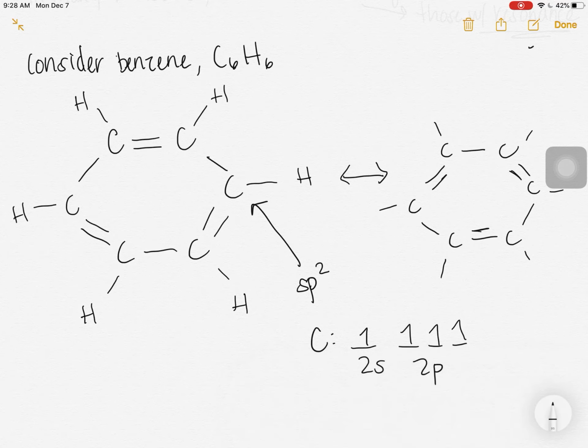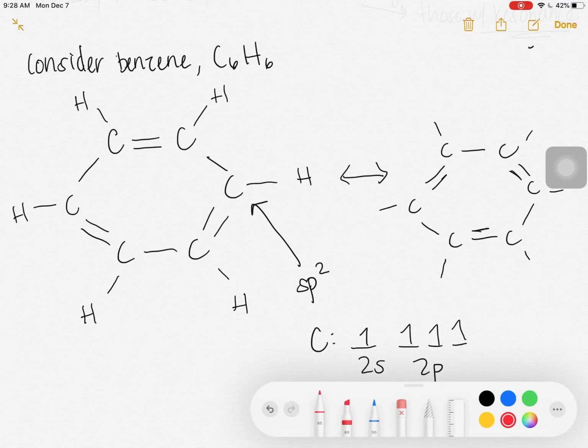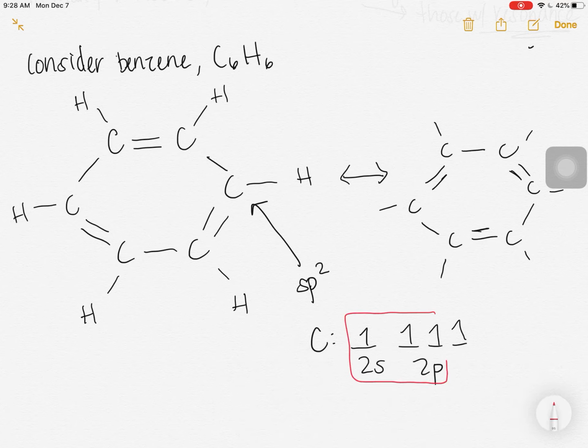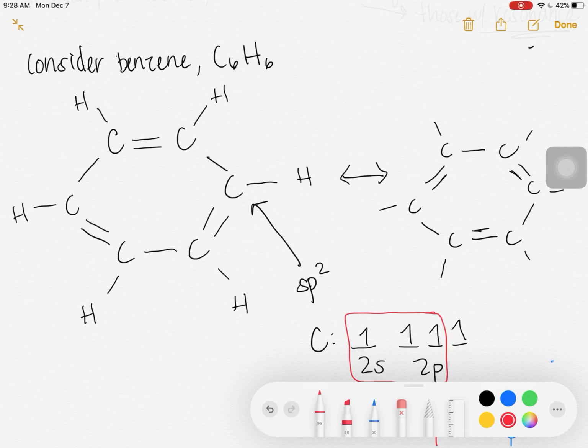It has promoted that electron. And we know that they're sp2 hybridized, so I'm getting 3 sp2 orbitals with 1 electron each, and then a 2p orbital with 1 electron.